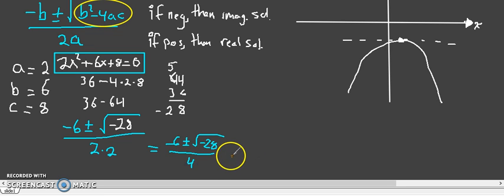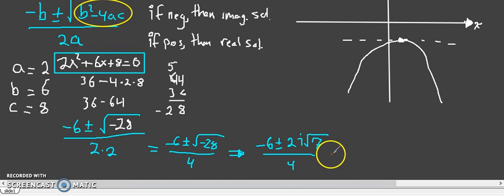So obviously this doesn't have a real solution because this is negative right here, which makes the solution equal to negative 6 plus or minus 2i. So we factor out a 4, and then square root of 7 because it's still under there, divided by 4. And we could simplify a little bit more, divide the 2's.